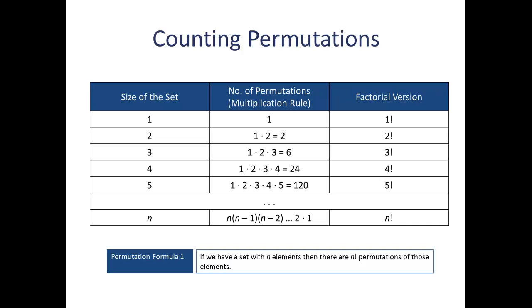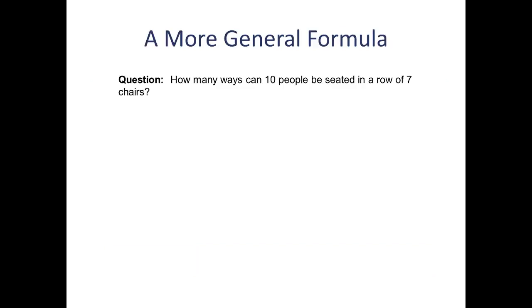Now, that's a useful formula to have, but it assumes that we want a permutation of the entire set. For example, our formula will tell us the number of ways that 10 people can be seated in a row of 10 chairs. But suppose we only have 7 chairs. What happens when we want a permutation that's smaller than the total number of elements in the set? Once again, the multiplication rule tells us what to do.